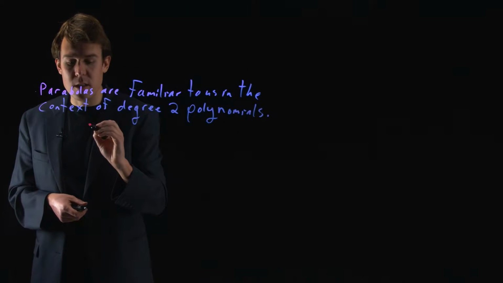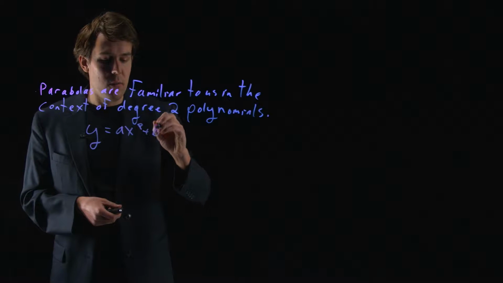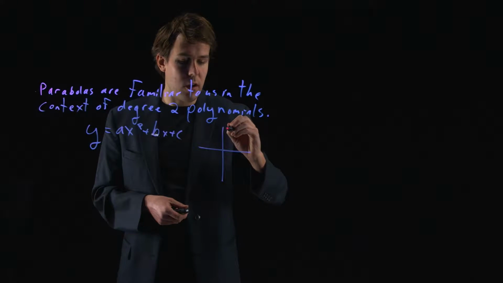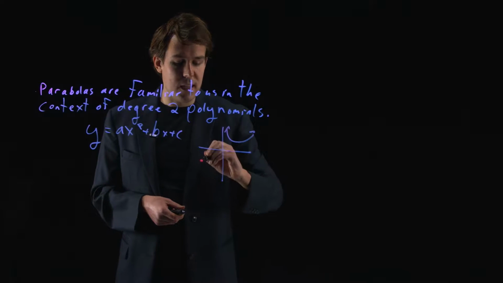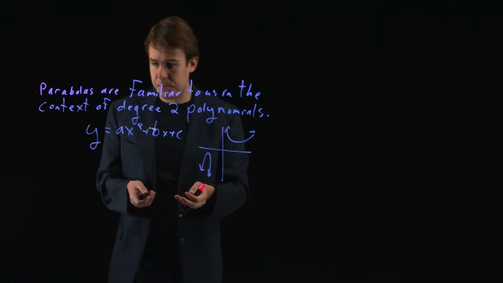Right, so these are the ones of the form y equals ax squared plus bx plus c. And we've seen that they look like things like this, these sort of bell-shaped curves.